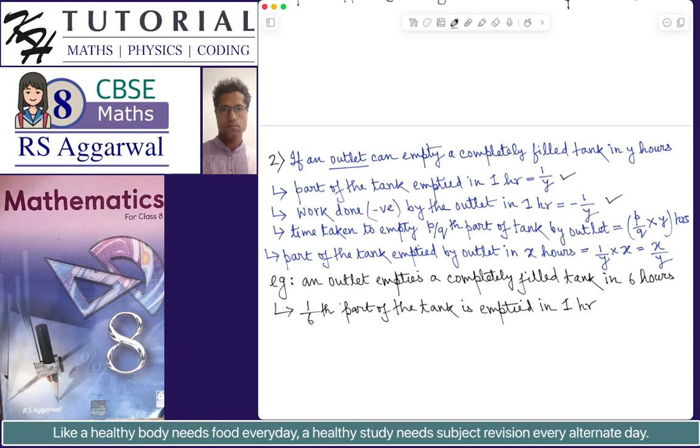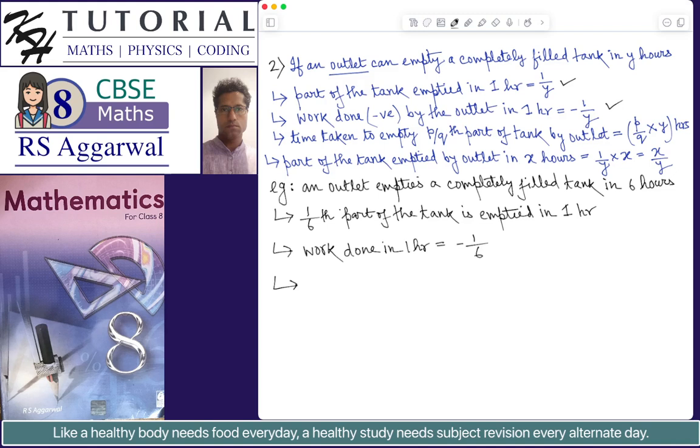The work done in 1 hour will be equal to minus 1 by 6. Why negative? Because it is a convention that the work done by an outlet is negative and the work done by an inlet is positive. That is, when a tank is being filled with water, the work done is positive, and when the tank is emptied, the work done is negative. Okay.